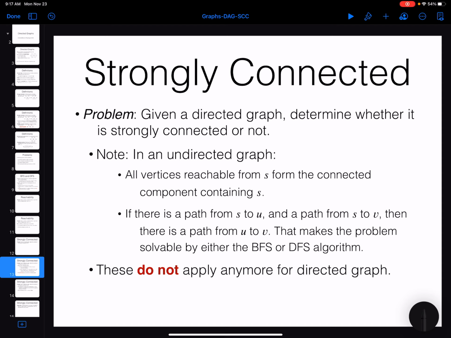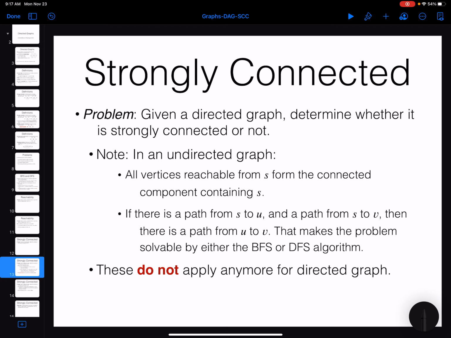So one thing before I give you the algorithm is the difference between directed and undirected graphs. If your graph was undirected and you wanted to check the connectivity, you can simply do it using one DFS or BFS, right? You could run DFS or BFS from any node, randomly chosen.